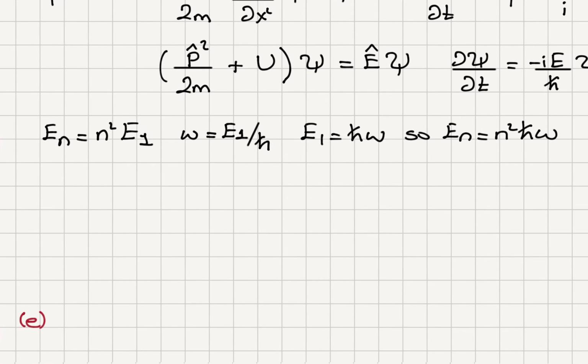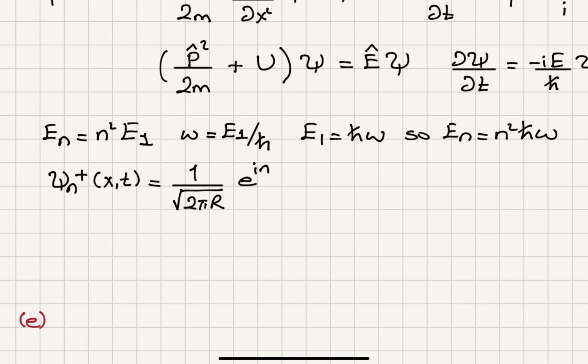So for the psi sub n plus solution as a function of x and t for the time-dependent Schrödinger equation, we have the normalization constant A plus, which is 1 over square root of 2 pi capital R. Then we have e to the i n theta. Then we have e to the minus i energy, which is n squared h bar omega t divided by h bar.